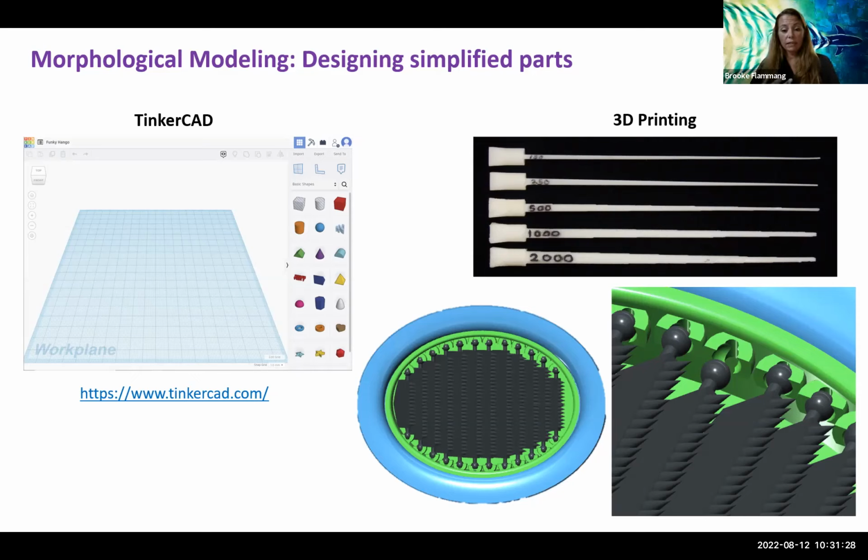We were easily able to make a 3D model where we could remove individual lamellae. Those are the bars with the little spiky teeth on them that the remora uses to help generate friction when it's attaching to a host animal. And so these allowed us to answer our research questions about why it is so important to have a certain number of lamellae in order to have a certain amount of adhesive strength.